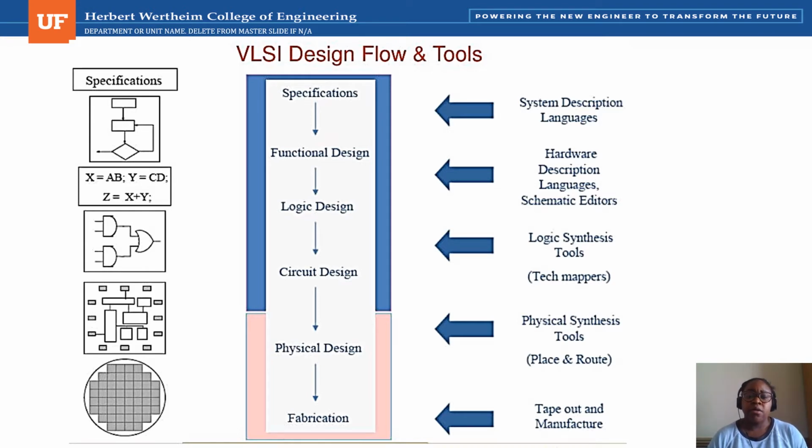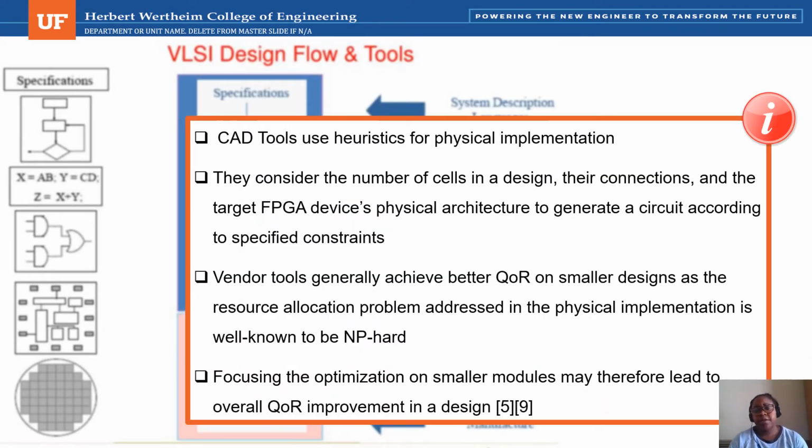However, to perform physical implementation, CAD tools use heuristics. To generate the final design, they have to consider the number of cells in the design, their connections, and the target FPGA physical architecture. They also have to take into account the user constraints. So the bigger the design, the harder the heuristic algorithm has to work in order to reach the desired performance.